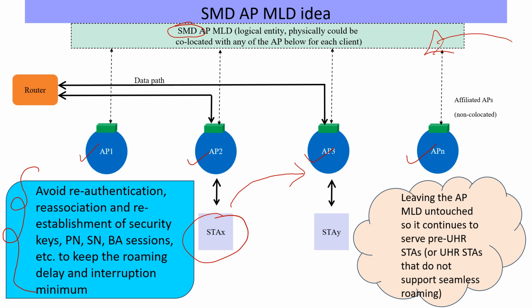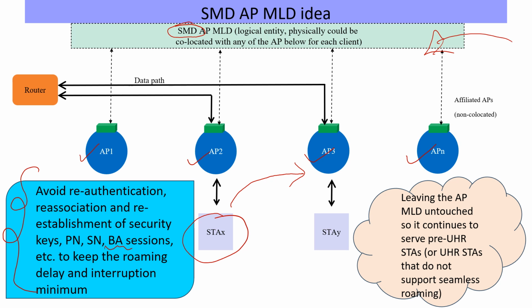So the idea is, with a lot of implementation flexibility, to avoid all the overheads that have brought in delays. Some of them have been addressed in fast transition methods, but some of them, like renewing the block ACK sessions and so on, have been painful overheads, which have limited the mobility numbers that one gets in practice.